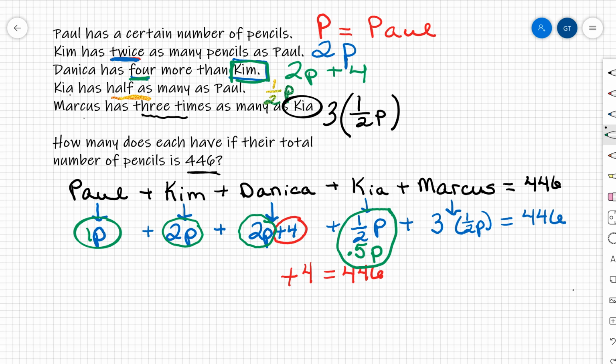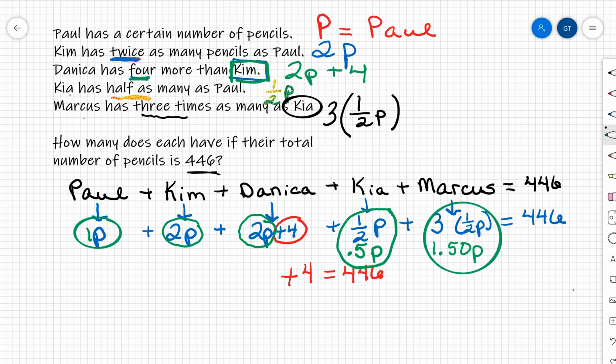3 times 1/2. So if I took $3, and I split it in half, and I gave you half and I kept half, that means I would have $1.50, so 1.5P. Okay, so there's that one.